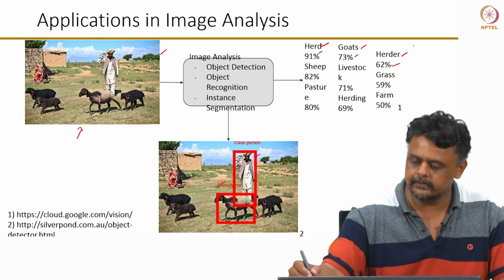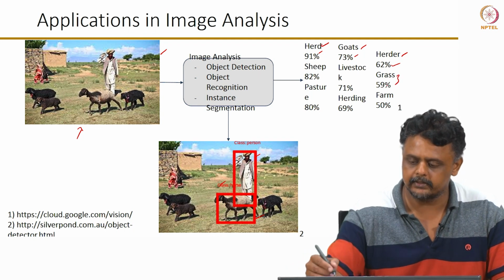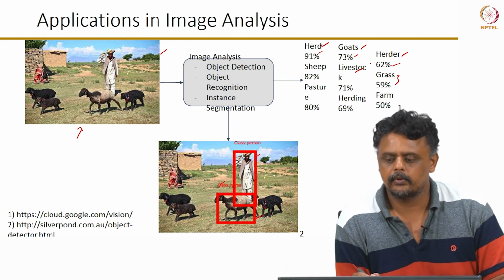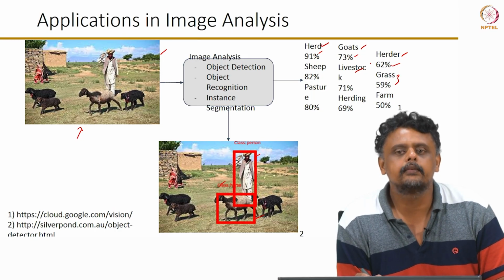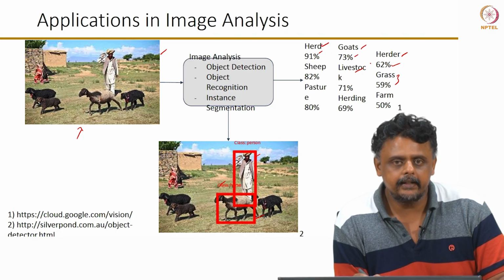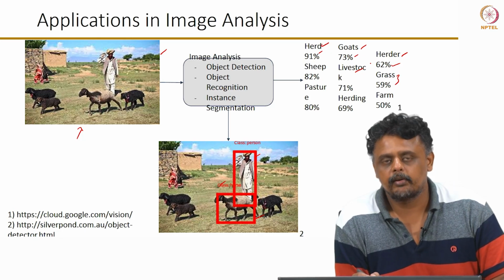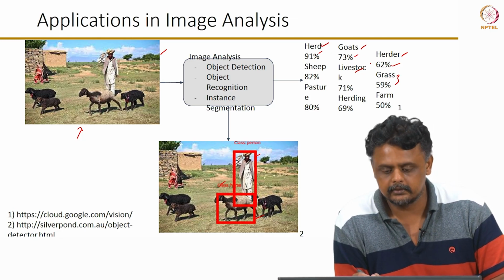It also identifies grass, and livestock in this case, and that the man in the picture is herding. So, this level of detail is the level of performance possible with current CNNs.